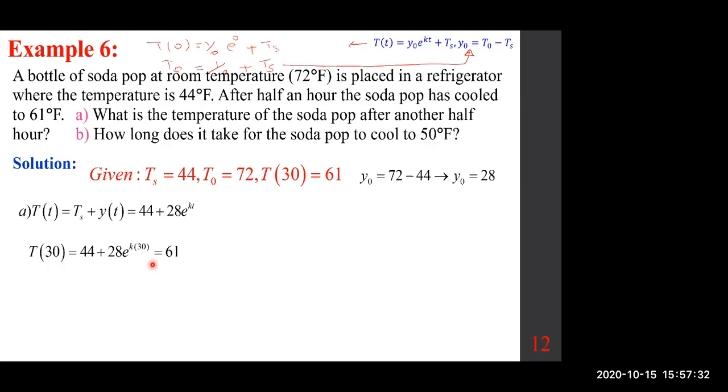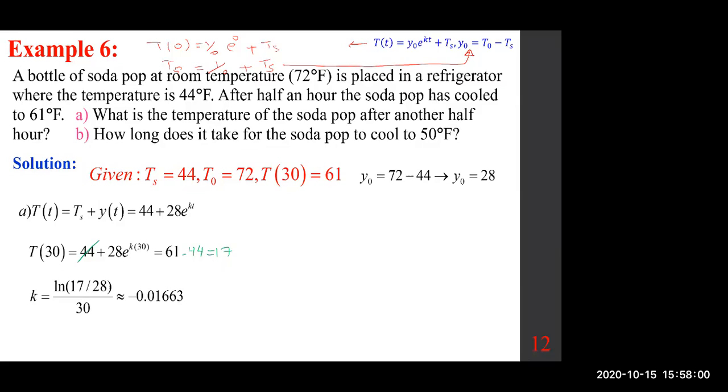I need to do a couple of steps in between for you. So let me do that. Number one, we subtract 44 and we get 17. So that's the first one. So minus 44.